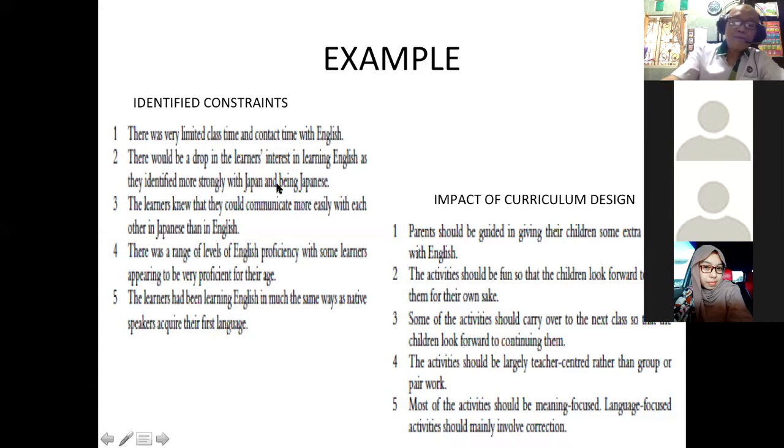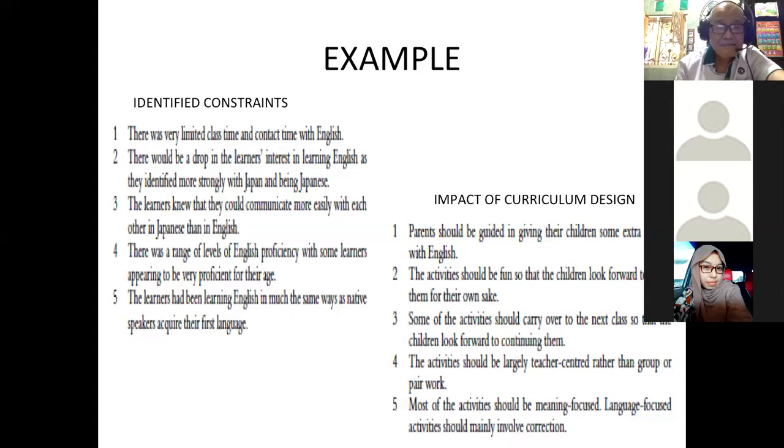For example, you expect that the learners might drop their interest and motivation because they find in the first class English is very difficult, and then they finally become uninterested in learning English. So how will this affect the curriculum, the subject that you are teaching? So you have to be able to identify the constraints, what will happen to the learners.